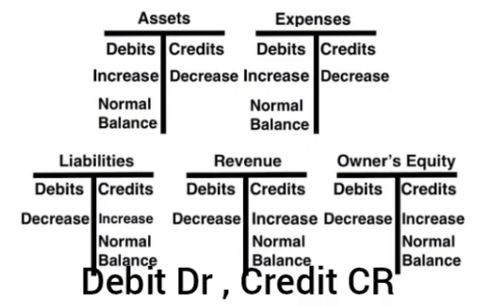Now, when your transaction is an equity transaction, like shareholder, retained earnings, all those equity transactions are credit transactions, meaning you're going to record it on the credit side of your T account.